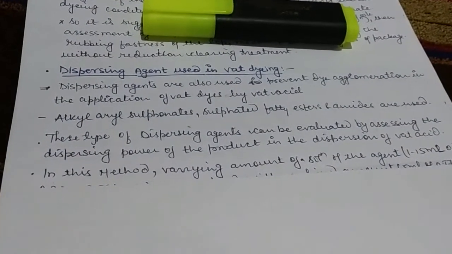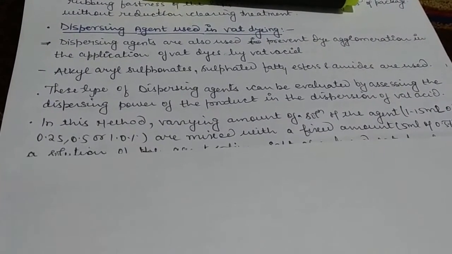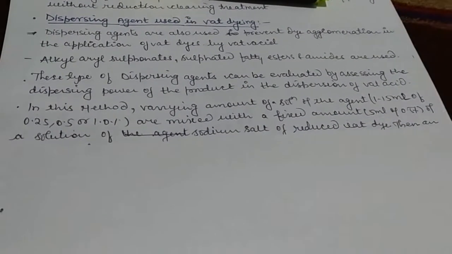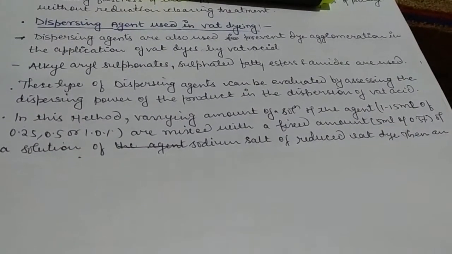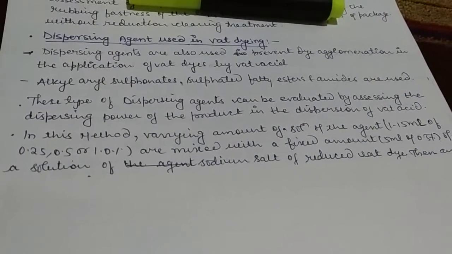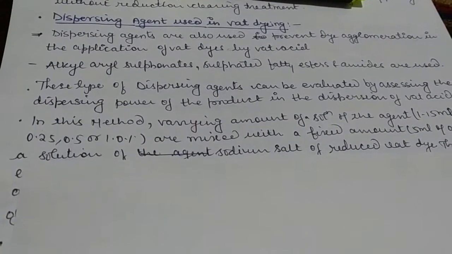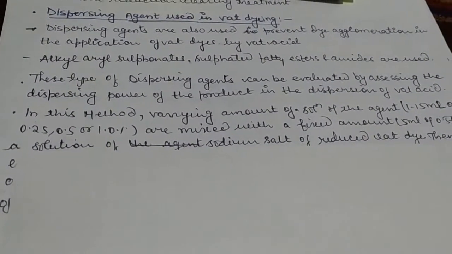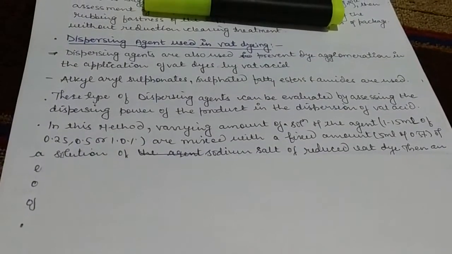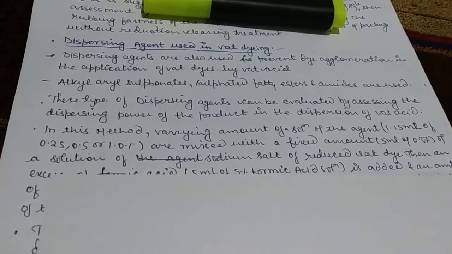In this method, varying amounts of solution of the agent, that is, different concentrations of dispersing agent solution, 1 to 15 ml of 0.25, 0.5 or 1% dispersing agent, are mixed with a fixed amount of dye, that is 5 ml of 0.5% dye solution.